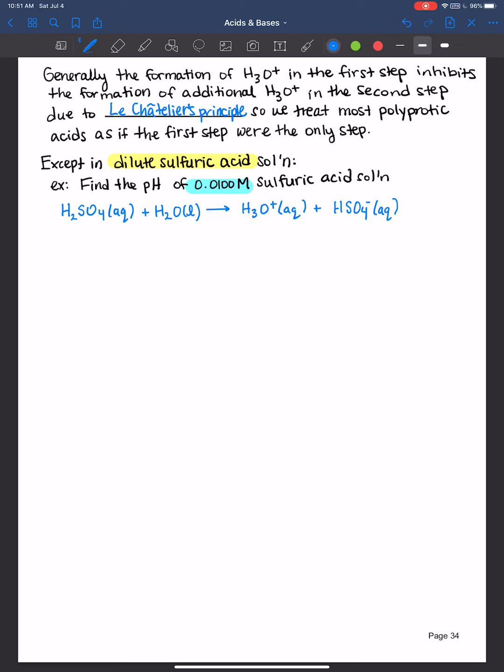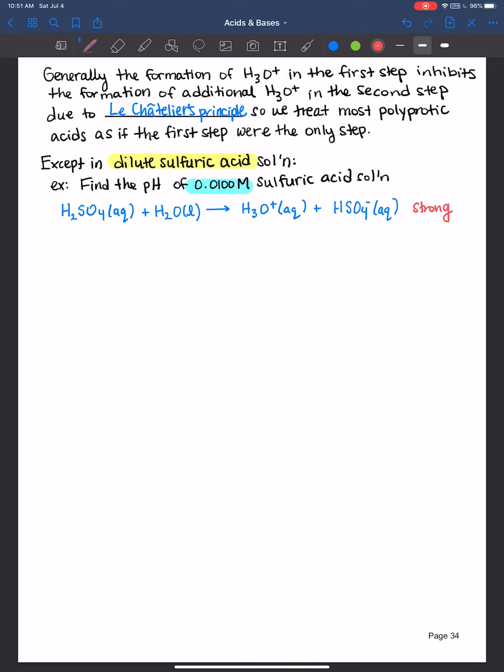Now, I want to make a note here that this is a strong acid, and if you try to find the Ka value of a strong acid, you're not going to have any luck because the Ka value is huge, right? And it goes to completion. Ka values are given for weak acids only.